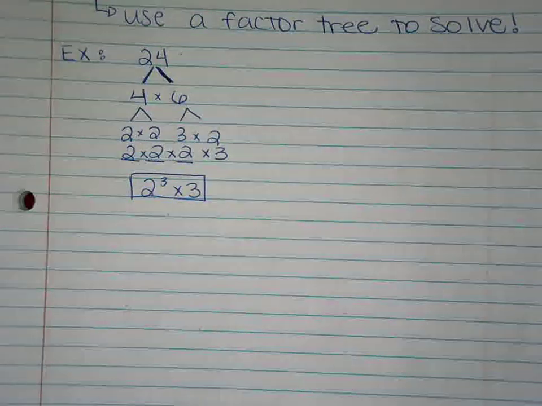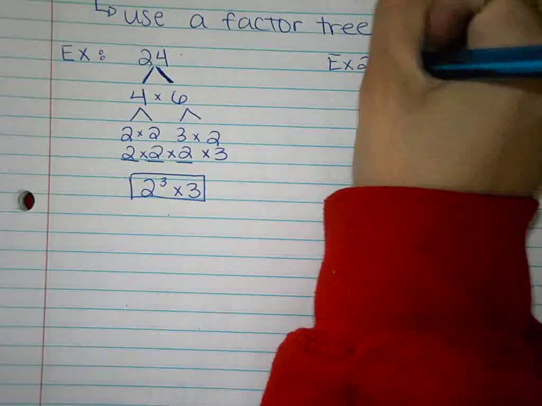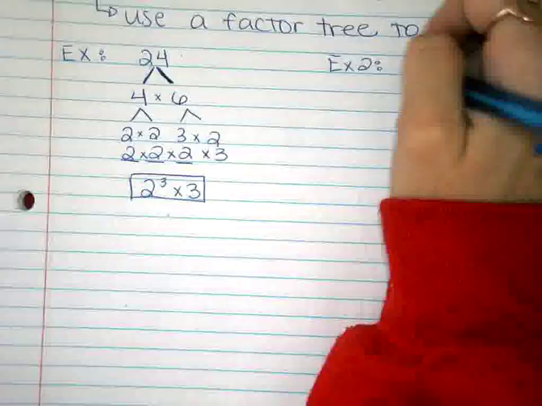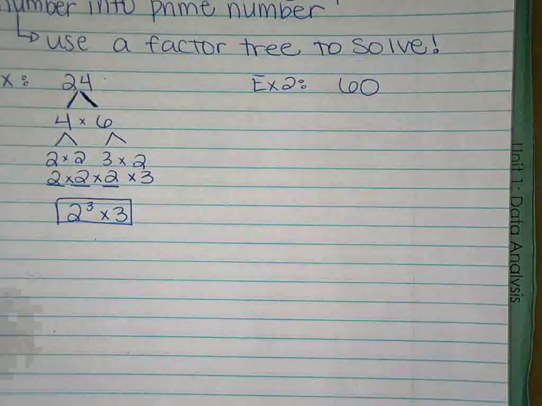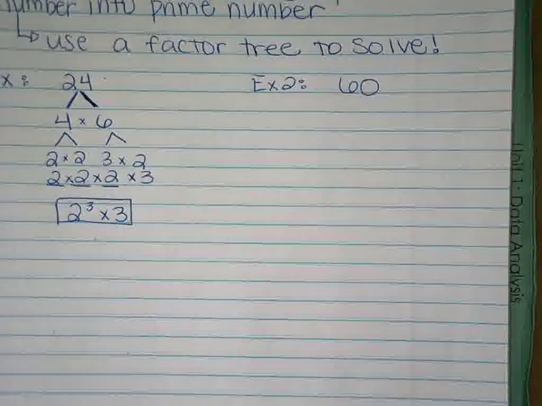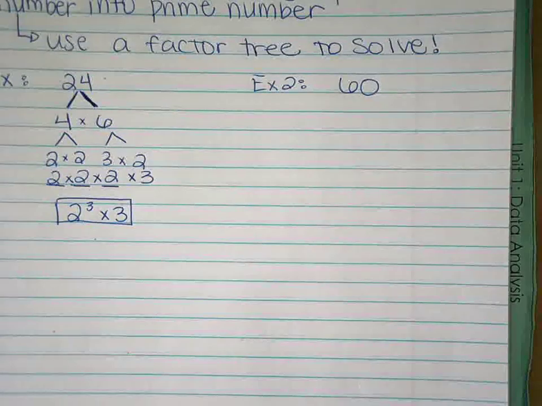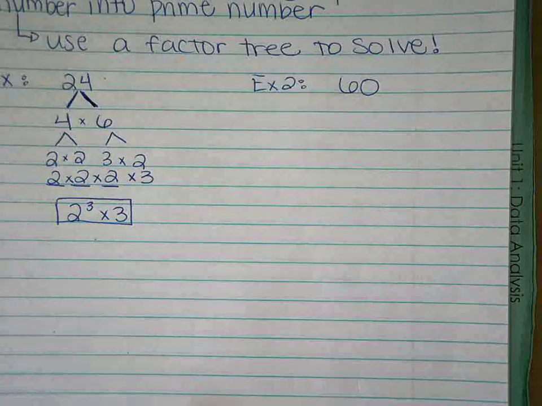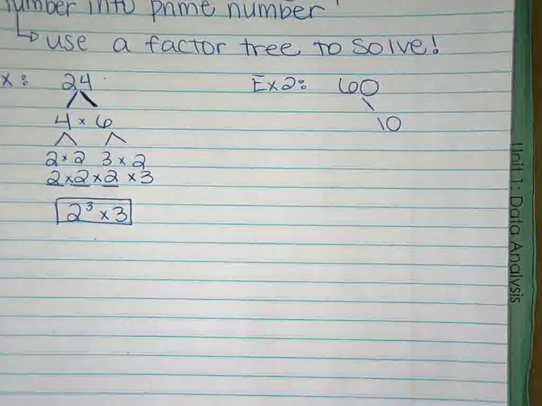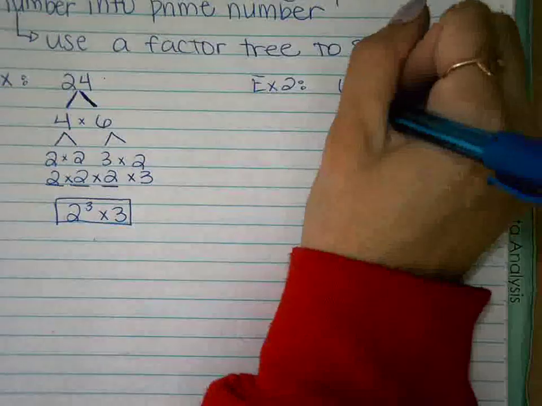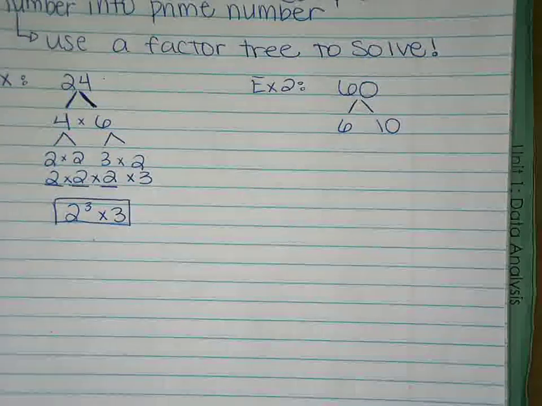Okay, so let's try another one. If I gave you the example 60, you ask yourself the question, what times what will give you 60? It can be anything that you want. So the first thing that pops to my head when I see 60 is, oh, well I know that a 10 goes into 60. And that's 10 times 6. So 10 times 6 is 60.